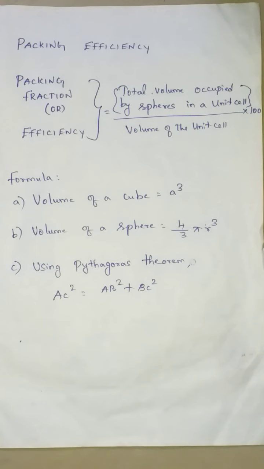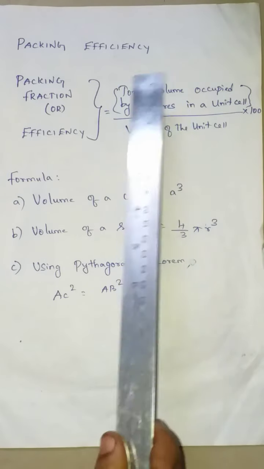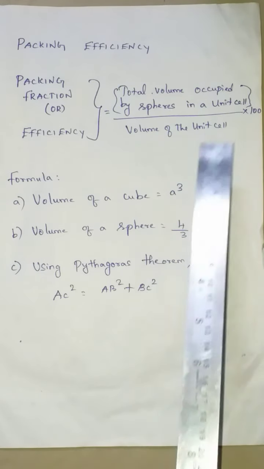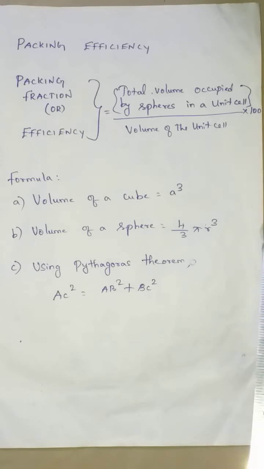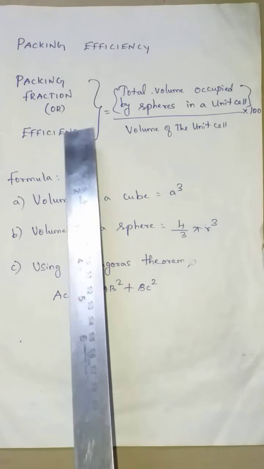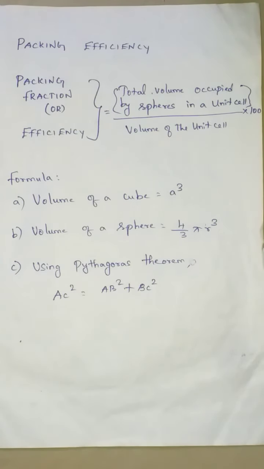See, in each corner or body centered or face centered, some spheres are there. So their total volume divided by the entire volume of the unit cell, multiplied with 100, gives the packing fraction or efficiency.